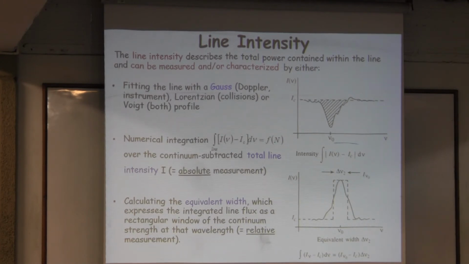So if you have some line flux itself, and you don't know the distance to the object, for example the galaxy, then this will not tell you much. You cannot calibrate it.